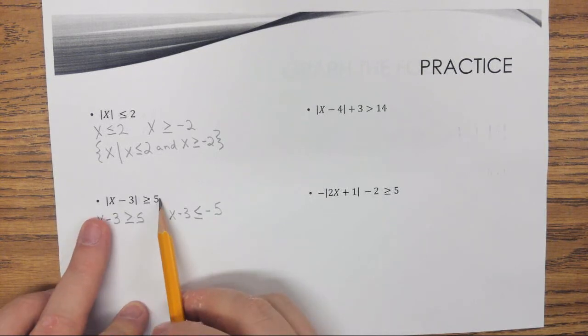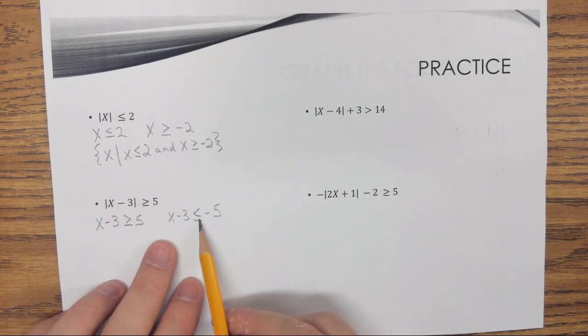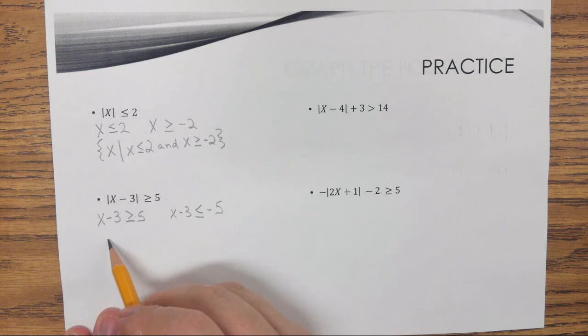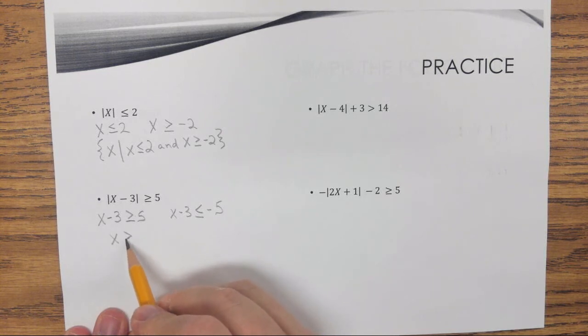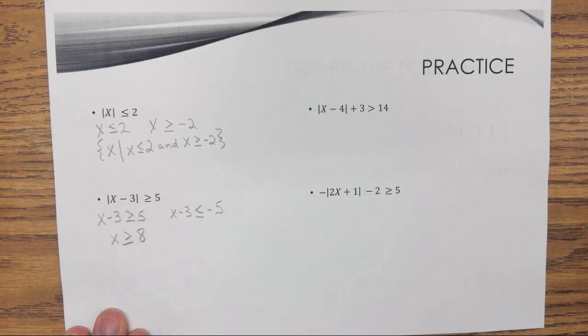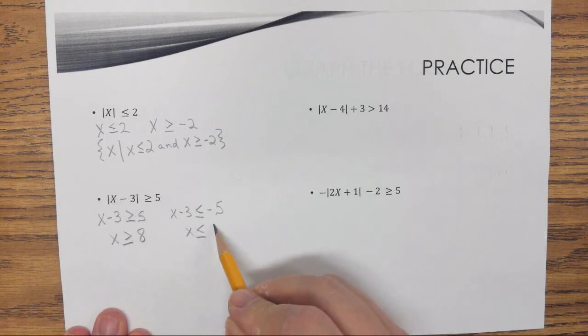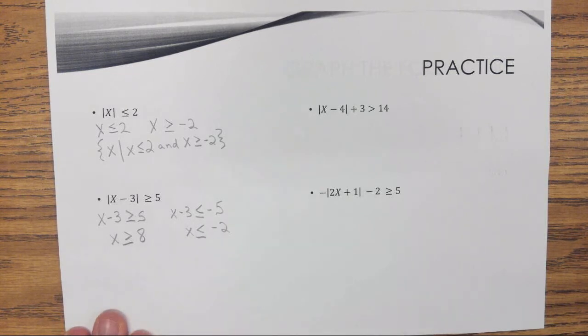So same as the original, this one I flip the inequality and change the sign on the other side. Okay? Add 3 to both sides, I get x is greater than or equal to 8. Add 3 to both sides, I get x is less than or equal to negative 2. Okay?